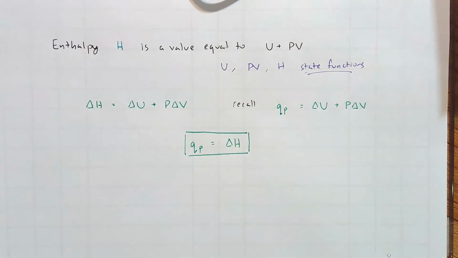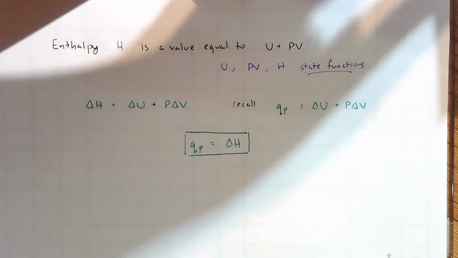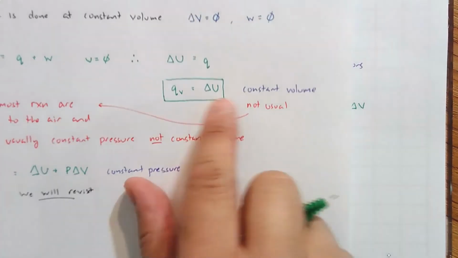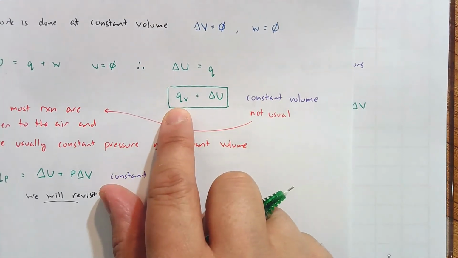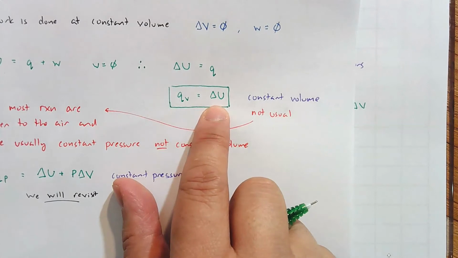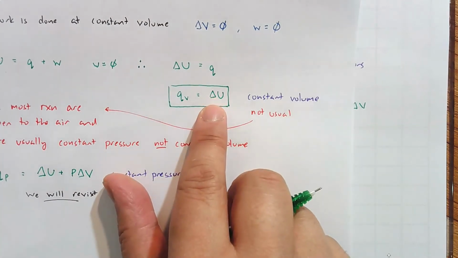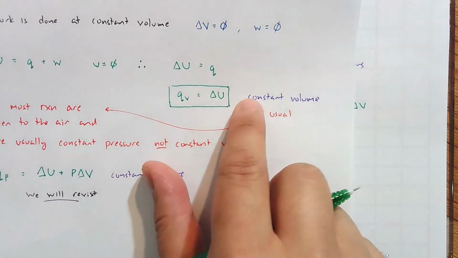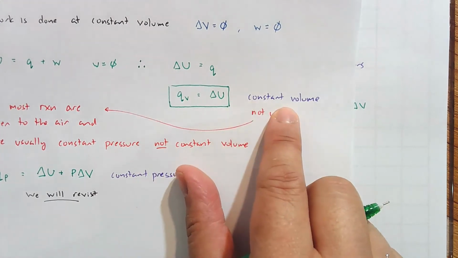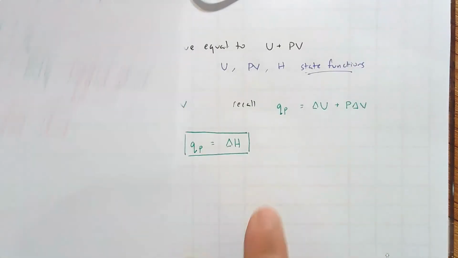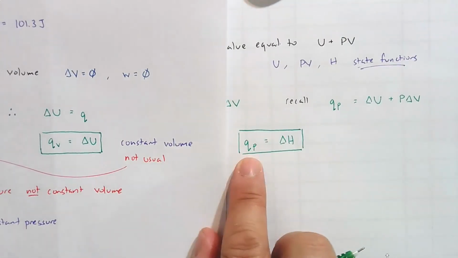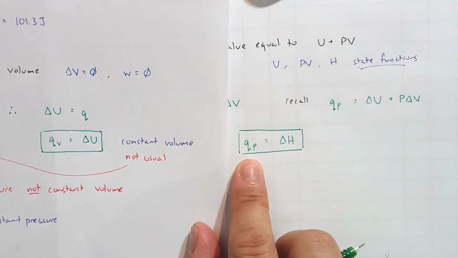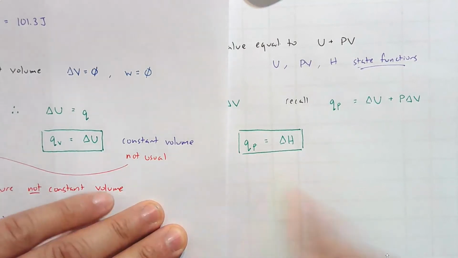So if you're keeping track of what we're doing, we're looking at processes where there's constant volume. Again, just remember Q is heat, and the heat equals the change in internal energy, all of the internal energy, right? No work because the volume is constant. And then contrast that to heat at constant pressure, which is equal to enthalpy.